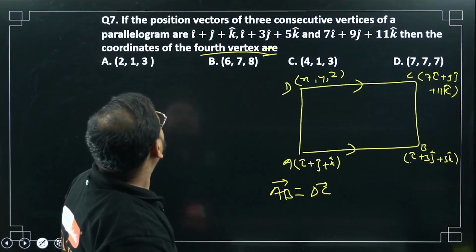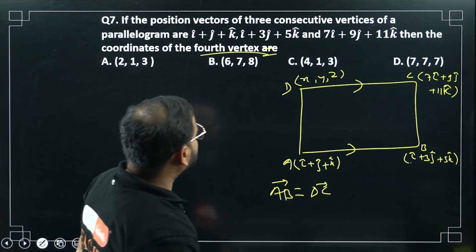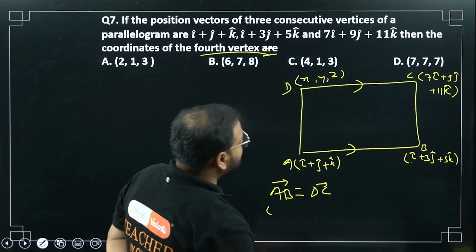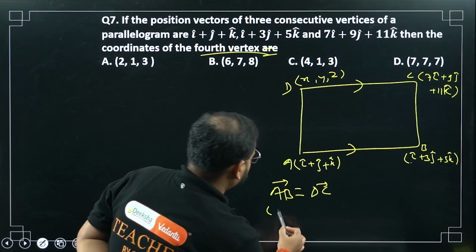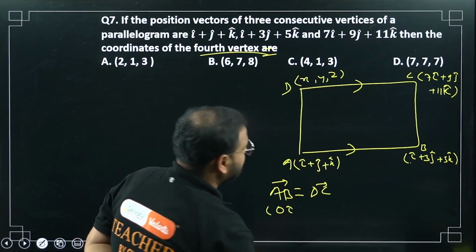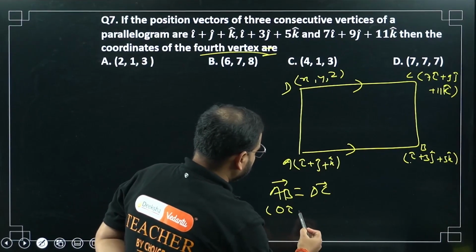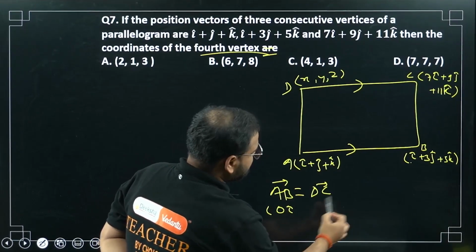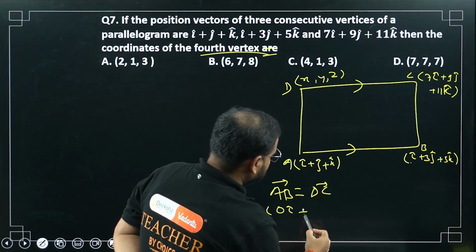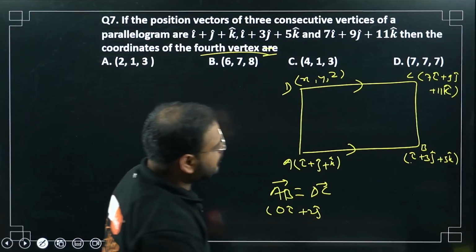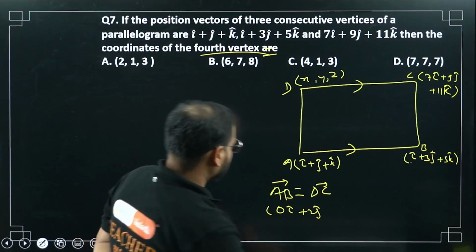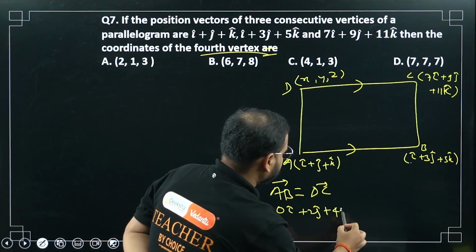It will be 0 i cap. And 3j minus j is simply 2j. And 5k minus k is 4k.